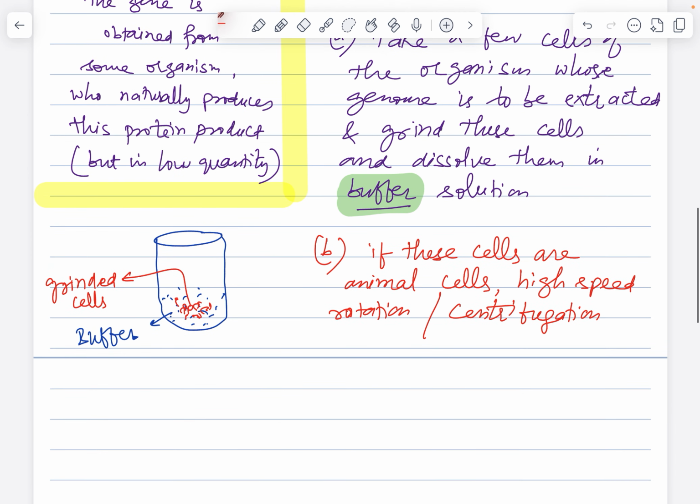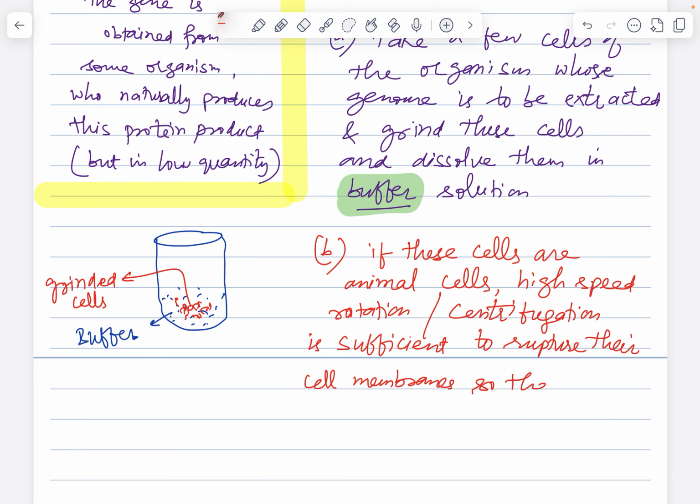High-speed rotation or centrifugation is sufficient to rupture their cell membranes so that all cellular components come out in the buffer.